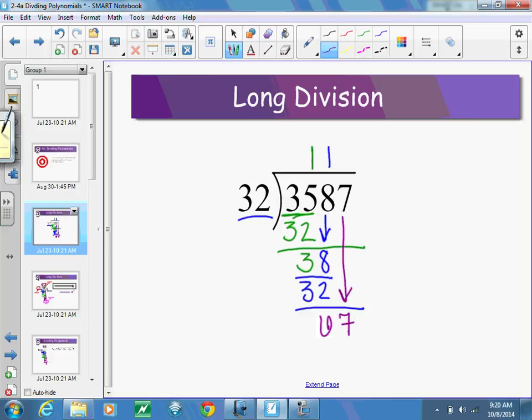And lastly, how many times does 32 go into 67? It goes in there 2 times. Now 2 times 32 gives us 64. And so then I subtract, and I end up with 3. Because I filled in all the place values up above, this 3 ends up being our remainder. And so we get our remainder of 3.